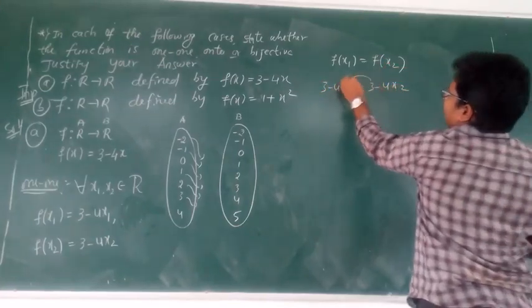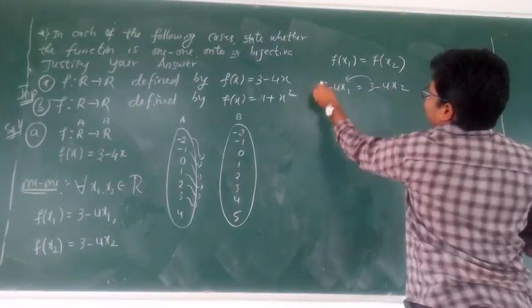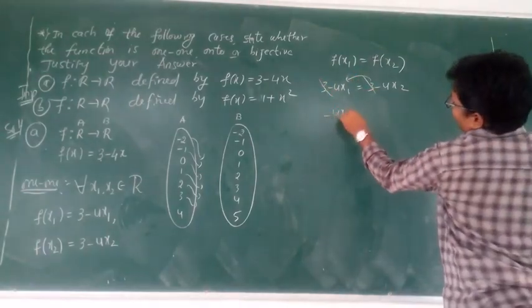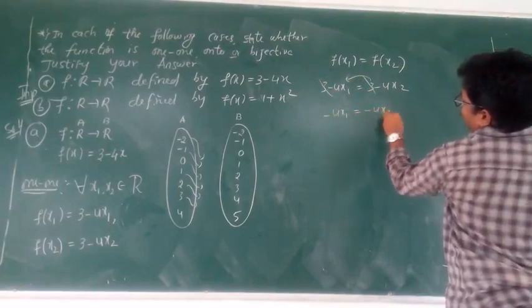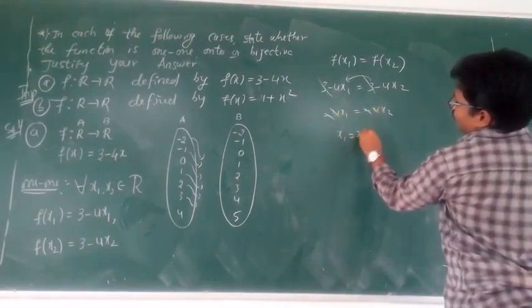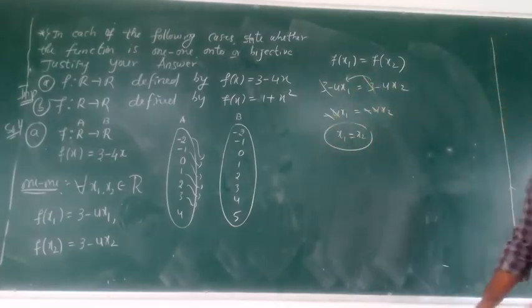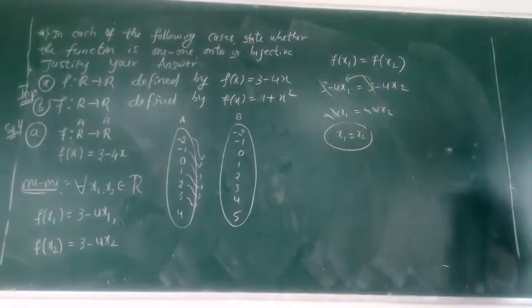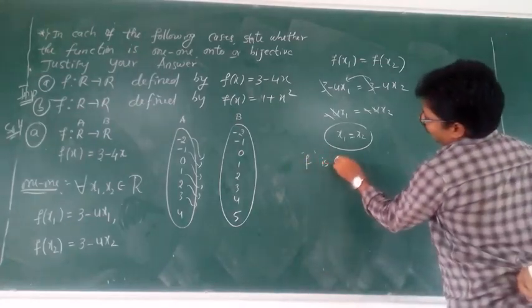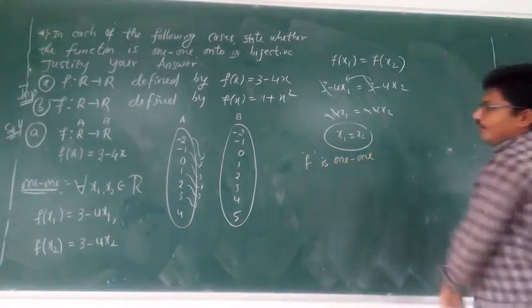If suppose 3 is shifted to the LHS side, what happens? Minus 3 gets cancelled. Next, what's remaining? Minus 4x1 is equal to minus 4x2. Minus cancels, 4 cancels. It means that x1 is equal to x2. f of x1 is equal to f of x2 implies x1 is equal to x2. It means that it is 100% 1-1 satisfied. f is 1-1.